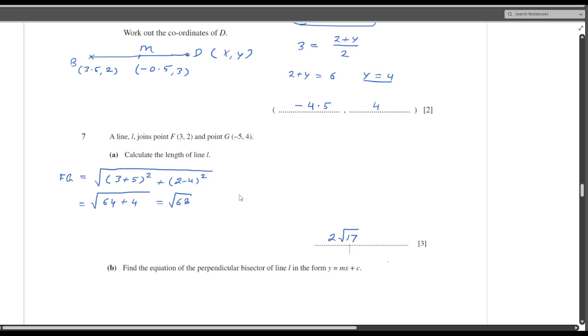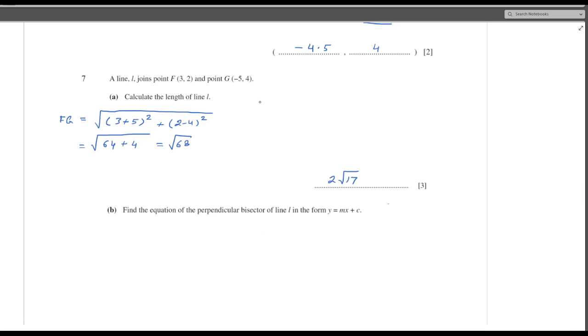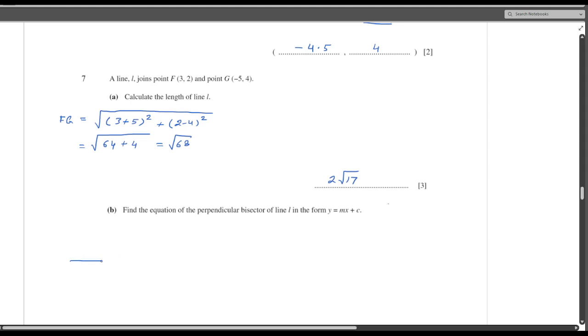Now find the equation of the perpendicular bisector of line L in the form y is equal to mx plus c. So here you have F with coordinate 3, 2. Here you have G with coordinate minus 5, 4.